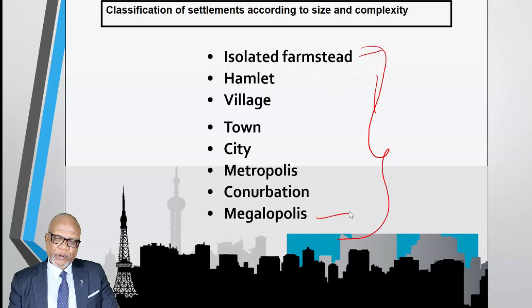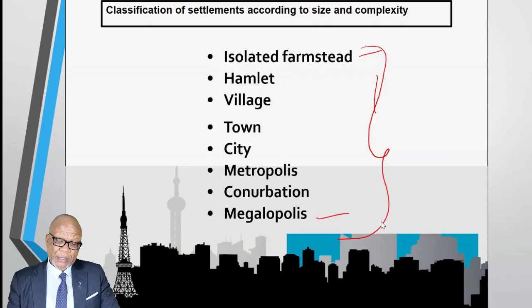What is the smallest form of settlement? It is an isolated farmstead. And what is the largest form of settlement? It is a megalopolis. So this is classification of settlements according to size and complexity. A single farmstead will be a farmer's house, all the land used in his particular farm, and the buildings.